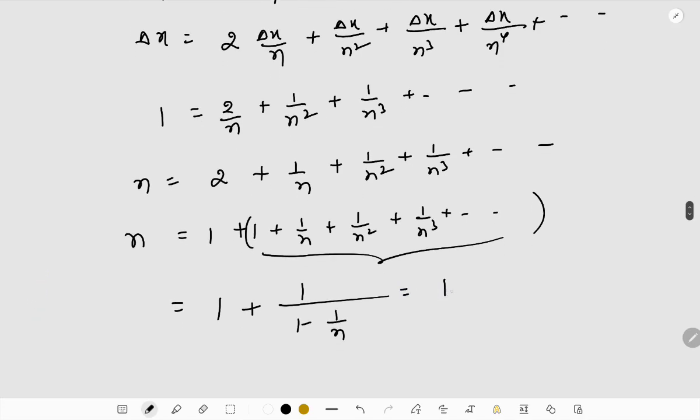and it becomes 1 plus n by n minus 1, and that is equal to 2n minus 1 by n minus 1.